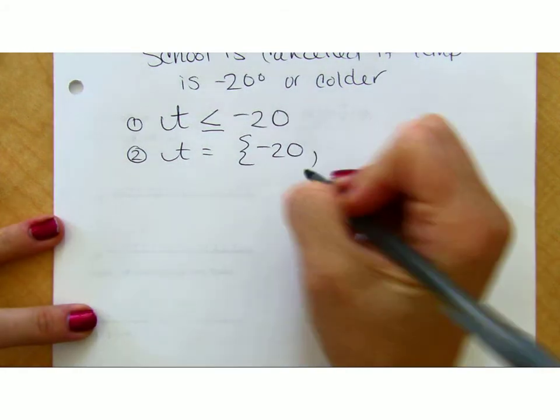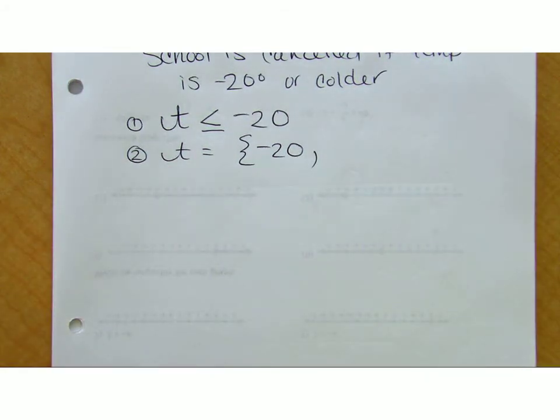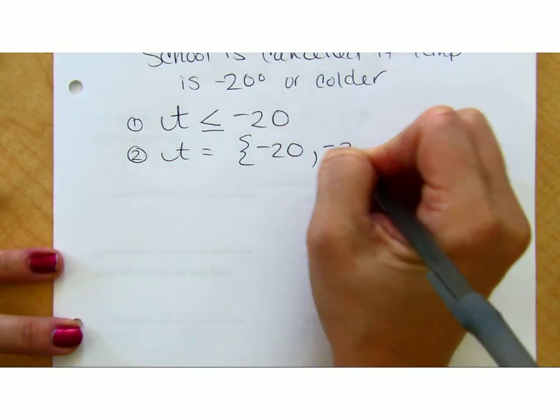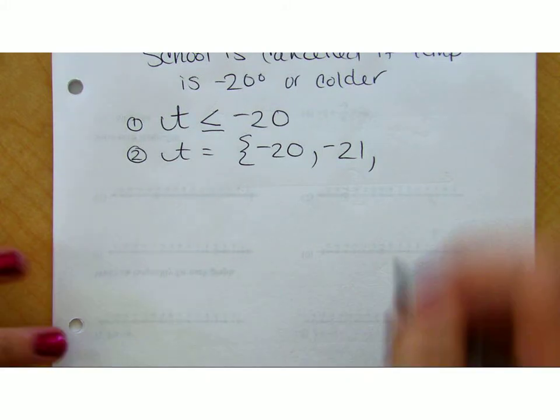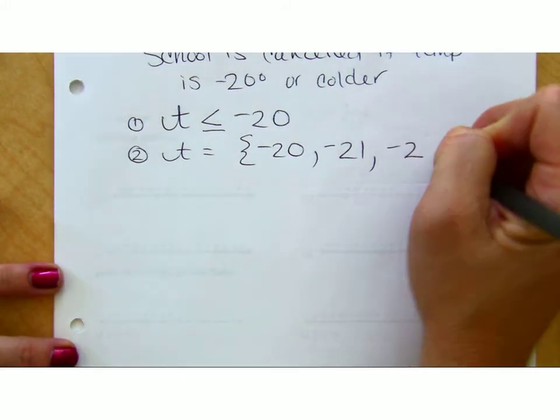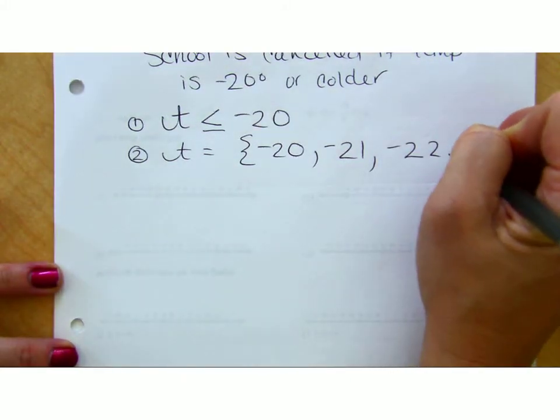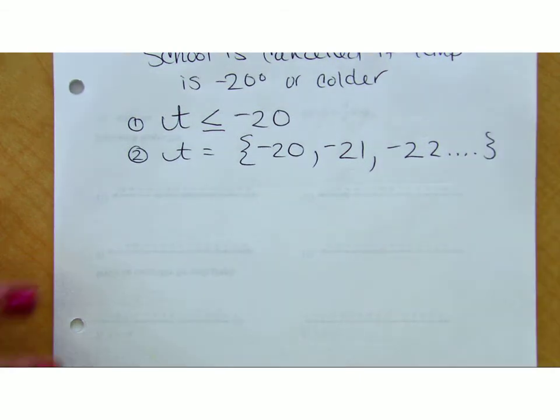Now, what number comes next? Christopher. -21. Thank you. -21, not 19. Because when you're doing temperatures in the negatives, you have to really know your number line and know that I'm getting farther away from 0 into negative land. So that is my set of temperatures.